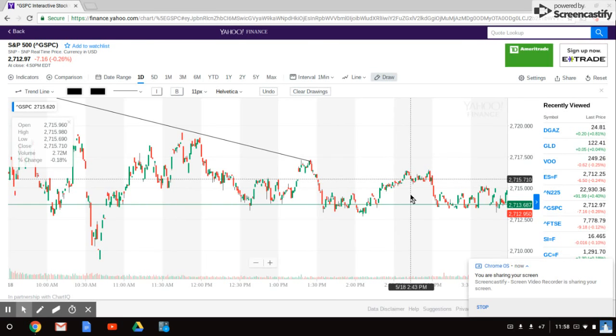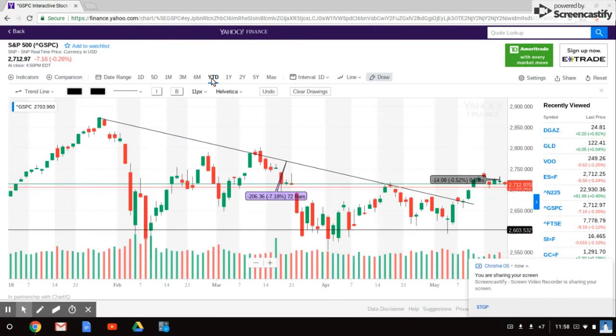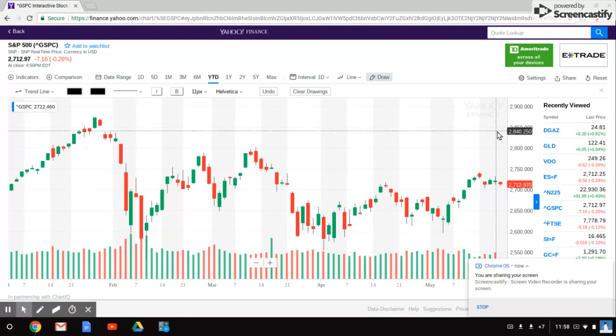But what we do know going into the weekend is we want to continue to watch this level, and we want to continue to watch how this plays out. We want to continue to watch how this breakout goes. Is there going to be a return to the upper band?